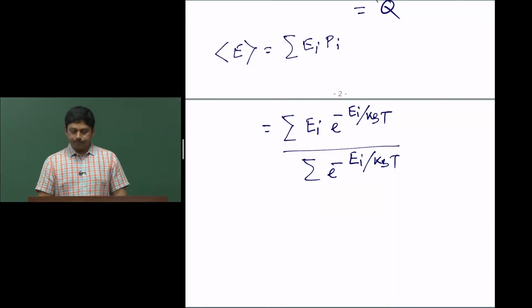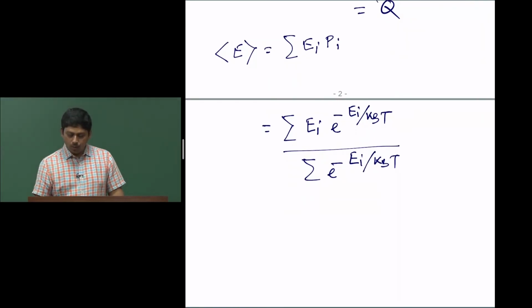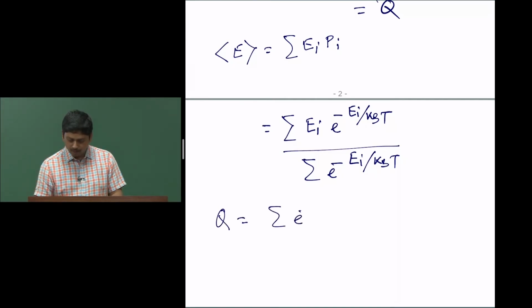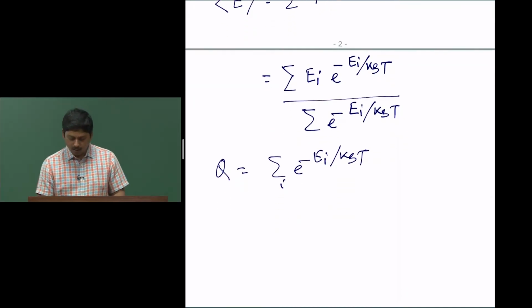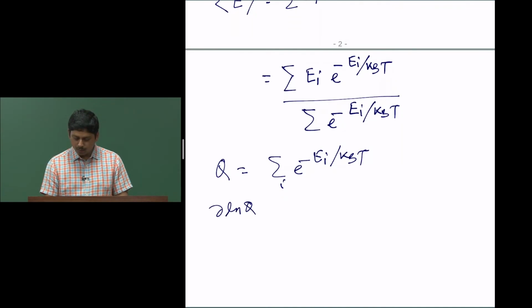In order to obtain this particular relation, we need to use a trick. I will tell you what the trick is. If my q is this, then if I take del ln q by del t, what am I going to get?